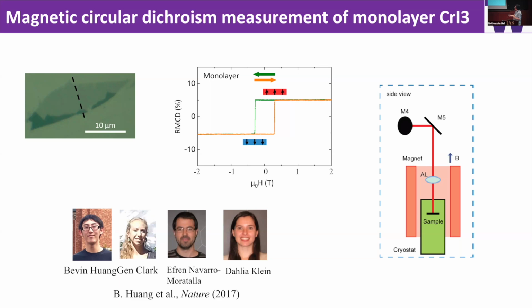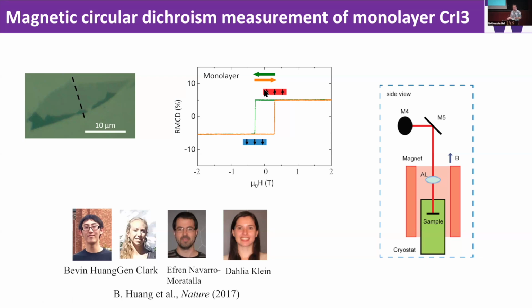The example I show you here is MCD measurements as a function of magnetic field of monolayer chromium triiodide, which is a 2D magnet. In this curve, I have orange and green. Orange means the magnetic field is sweeping up, and green means the magnetic field is sweeping down. So you see a hysteresis here in the MCD signal.